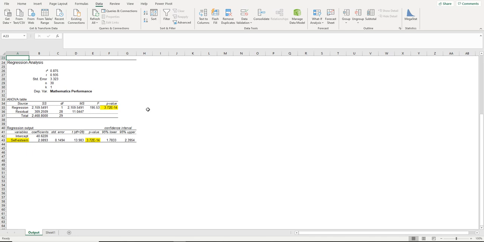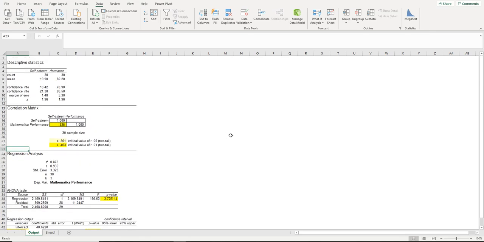So here we can see that the coefficient of the regression of our self-esteem is 2.089, which is significant. Therefore, self-esteem is a great predictor of the mathematics performance. Now, how are we going to translate these results in our manuscript?